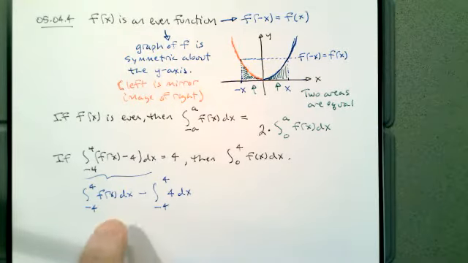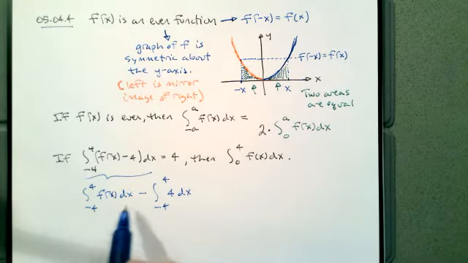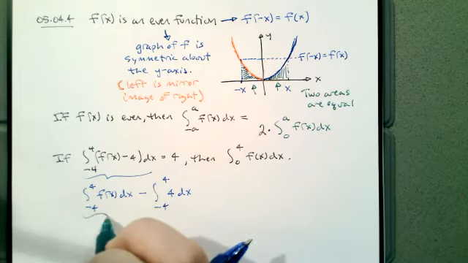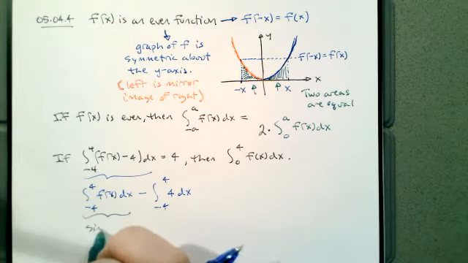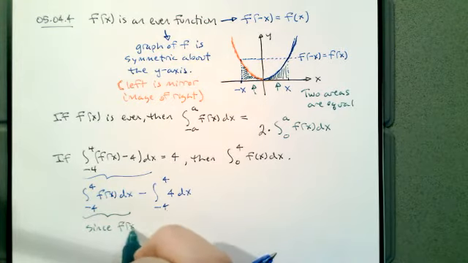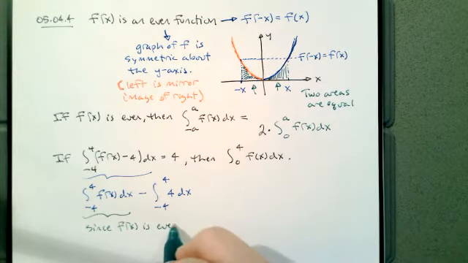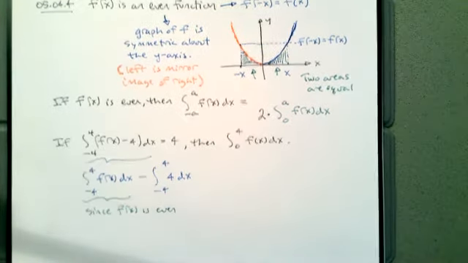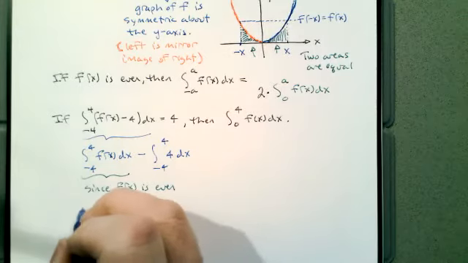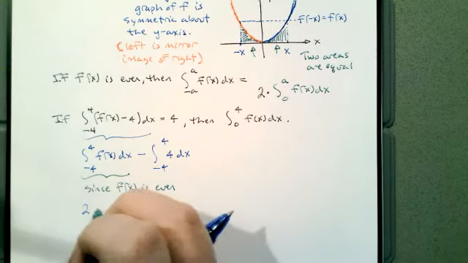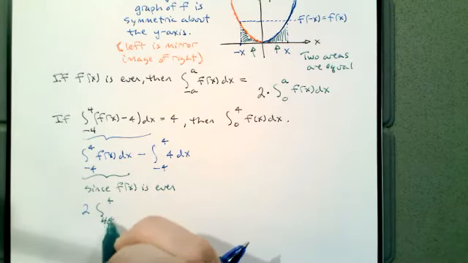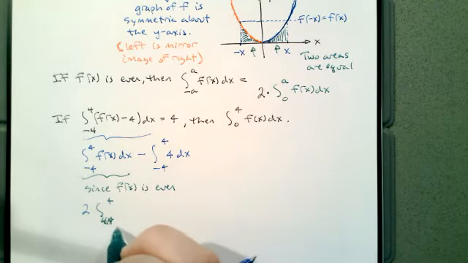So now we can use the fact that f of x is even and rewrite this integral. So since f of x is even, I can write the integral from negative 4 to 4 of f of x dx as 2 times the integral from 0 to 4 of f of x dx.